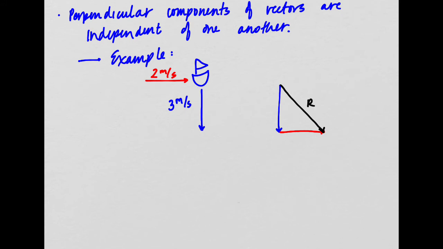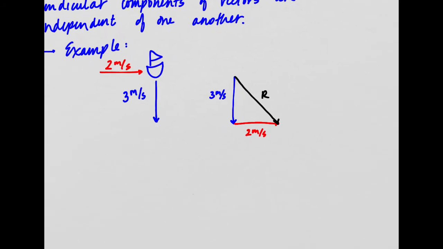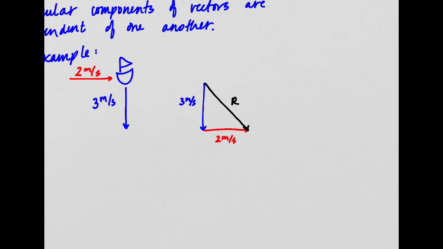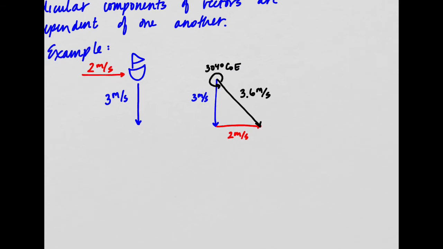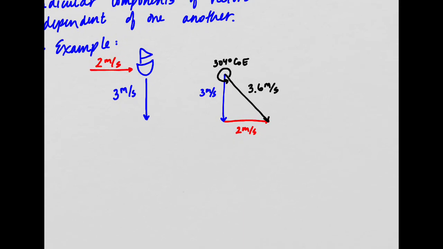Of course, I can figure out the exact direction and velocity of that resultant by doing a bunch of math, the Pythagorean theorem and the trigonometric method. Rather than doing all of that, I'm just going to give you the answer here. Okay, so this is the solution for that.